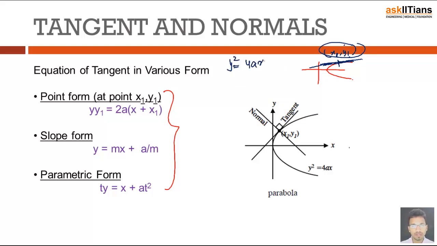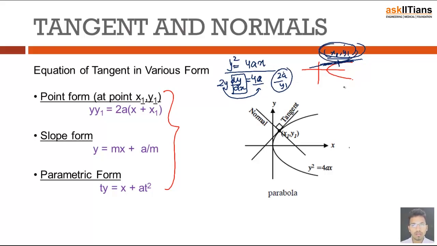In this case, for the parabola, the slope of the curve at a point x1, y1 is given by differentiating with respect to x, that will be 2y dy by dx equal to 4a. Now dy by dx at the point x1, y1 will be 2a by y1. So this is the slope and you have the point.